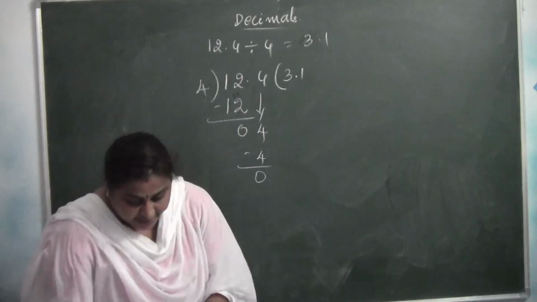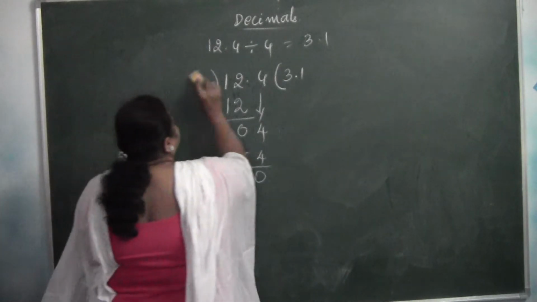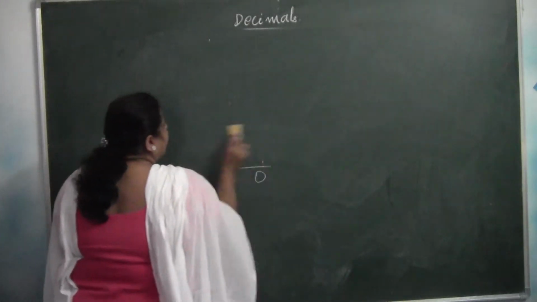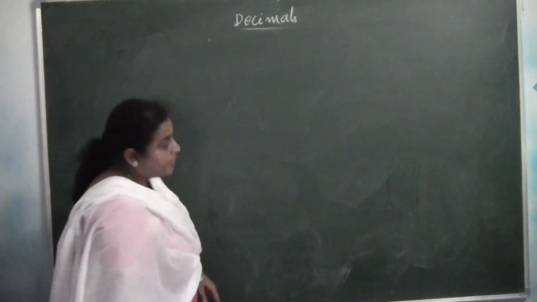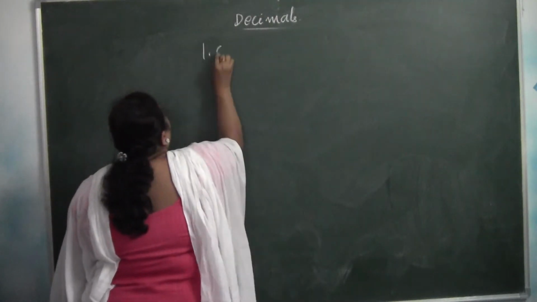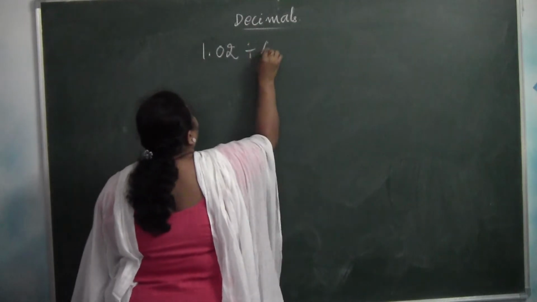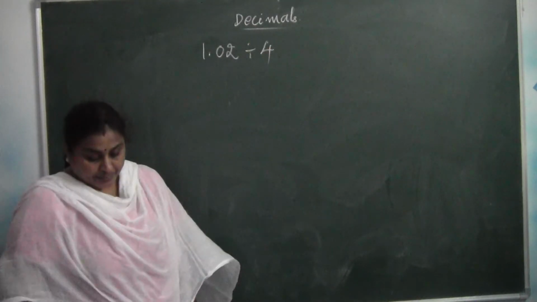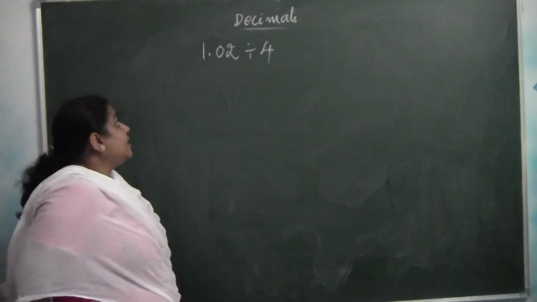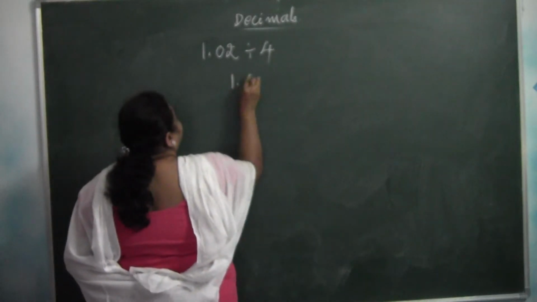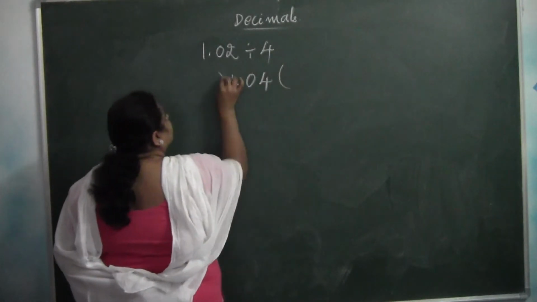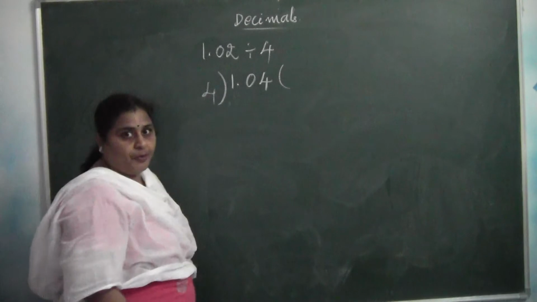Alright. Now let's take the other example. Let us see another problem. 1.04 divided with the 4. Now we are dividing with the 4.